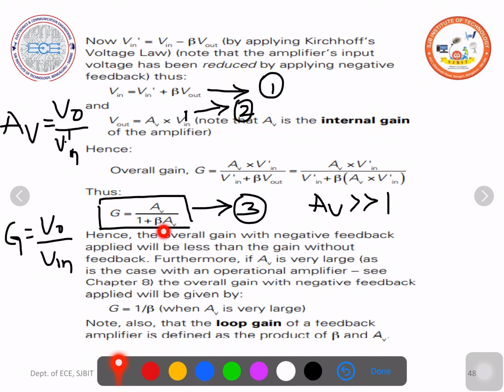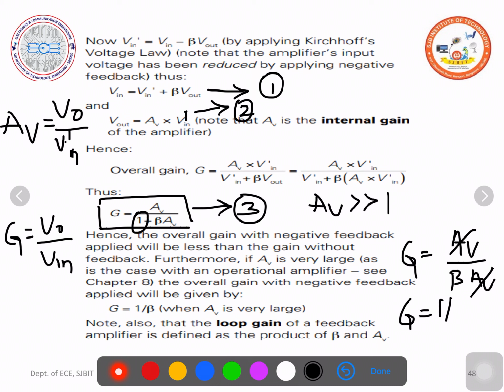Then equation 3 can be written as G equal to AV divided by beta AV. AV gets cancelled, so G is equal to 1 by beta. The overall gain of the negative feedback amplifier will depend on the feedback network only when AV is very large.